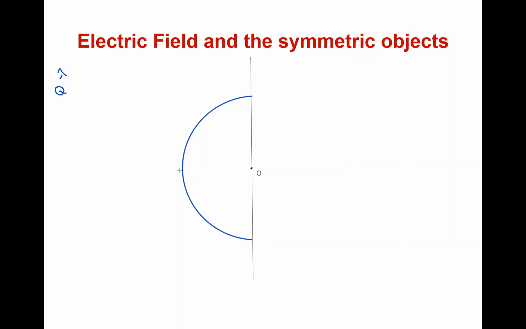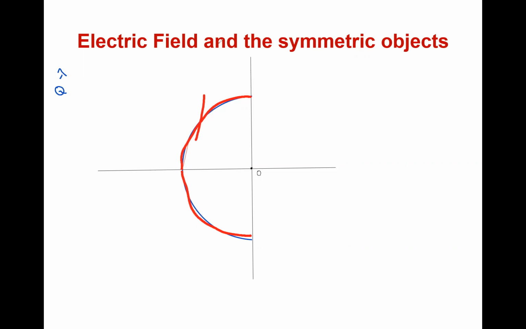Because if you draw a line like this, this part is opposite to this part with respect to the x-axis. So this part and this part are symmetric with respect to the x-axis. Here we have a symmetry.